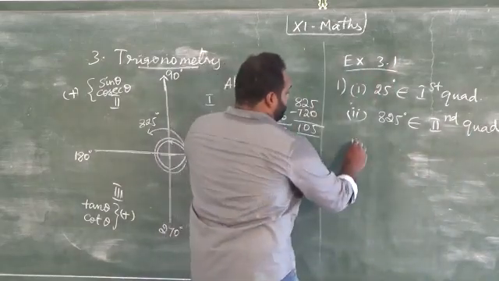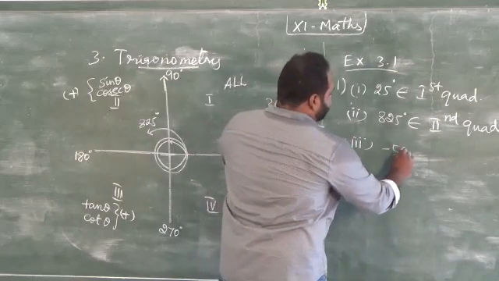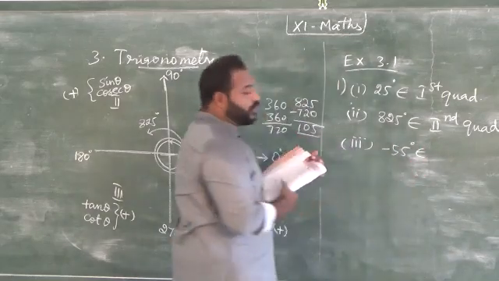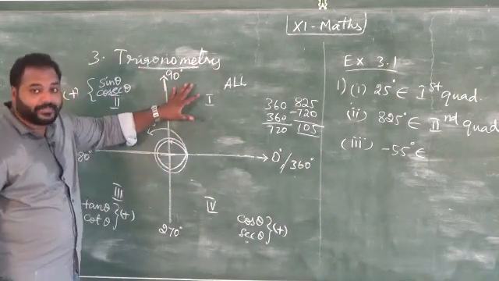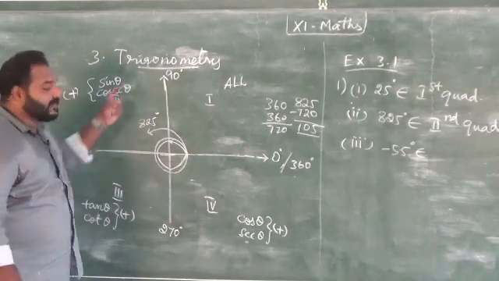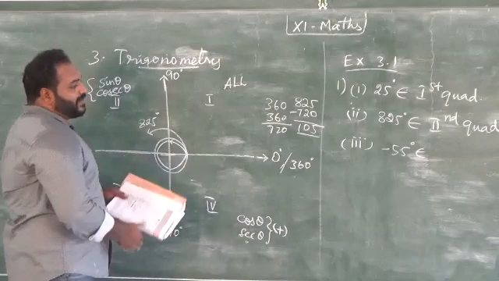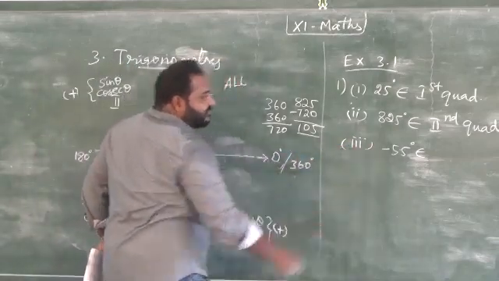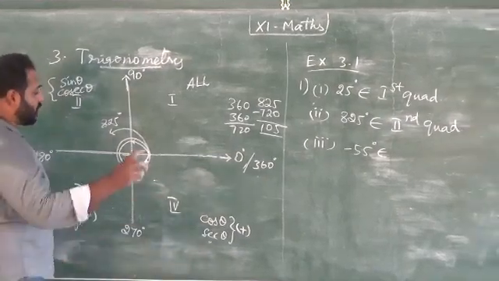Next, problem number 3, minus 55 belongs to, I told you already, when you measure these values in this quadrant, anti-clockwise will be positive, clockwise will be negative. So if you want to find out negative values, immediately you have to think clockwise.